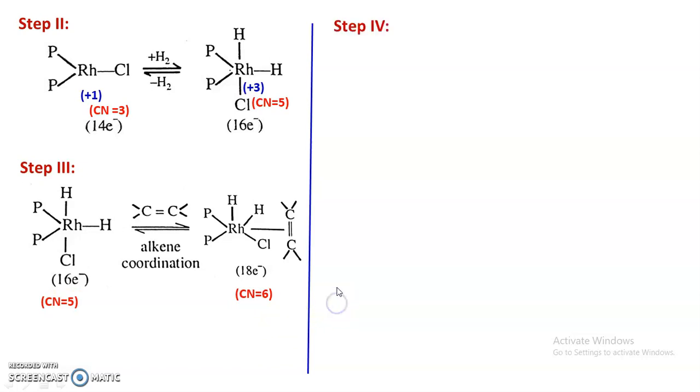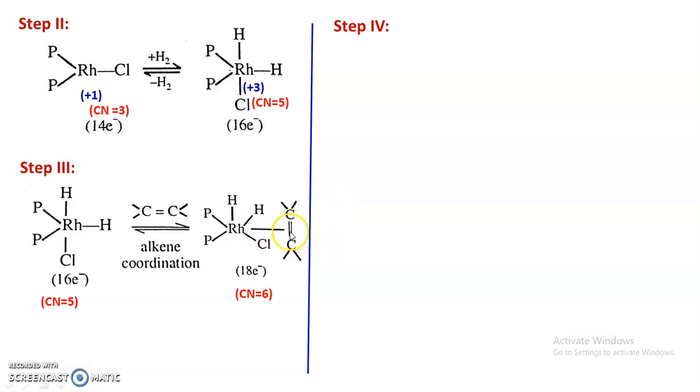Now step number 4. Here in step number 4, alkene coordination actually results in the weakening and breaking of the double bond between 2 carbon atoms.